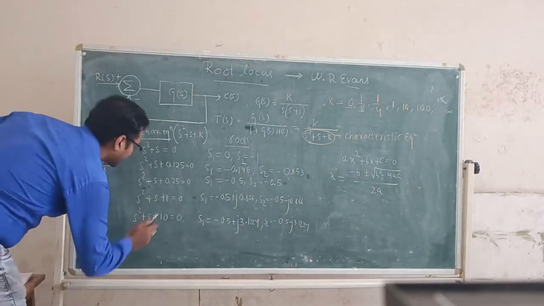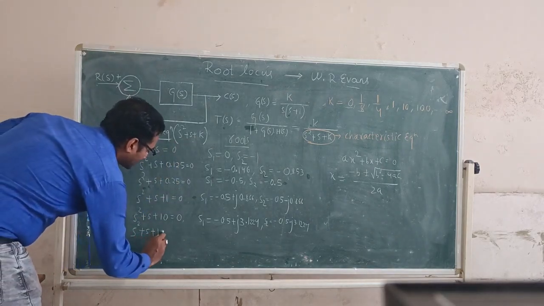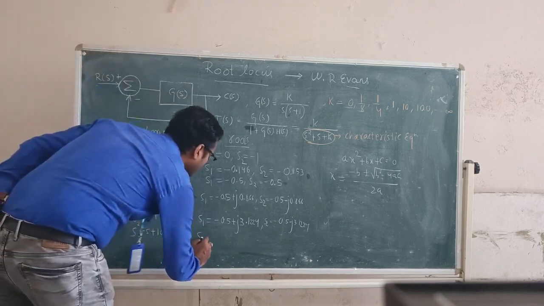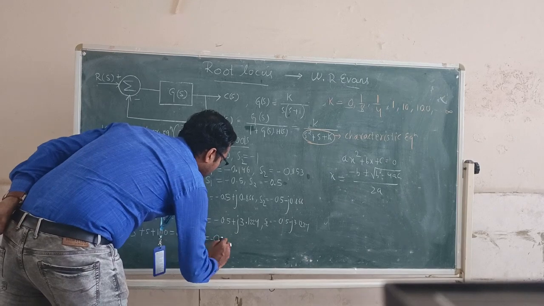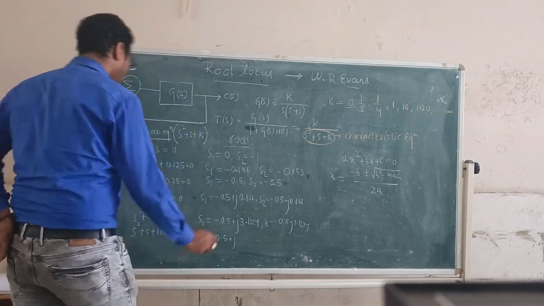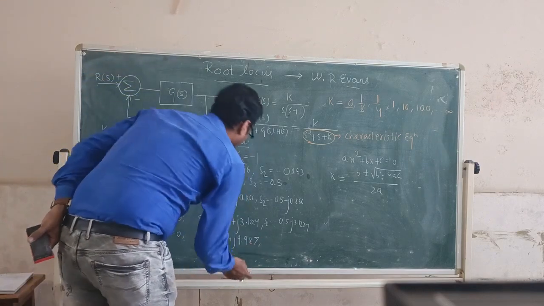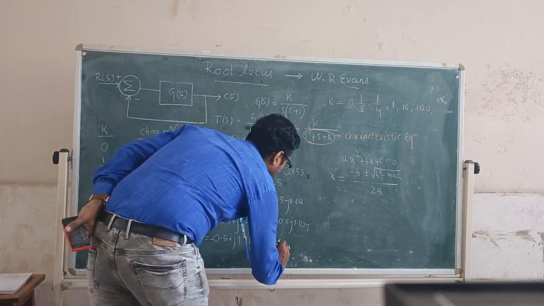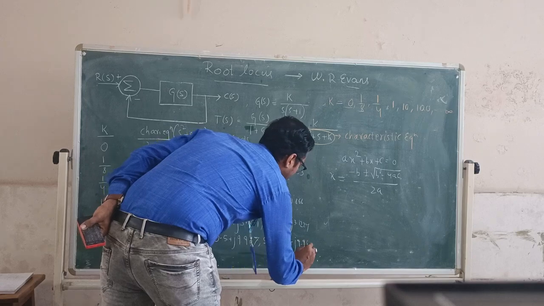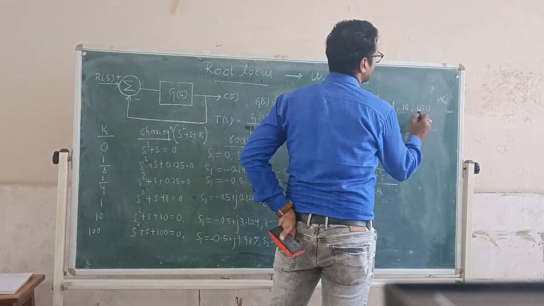For k = 100, s² + s + 100 = 0. Then s1 again is -0.5 + j9.987, and s2 is -0.5 - j9.987.